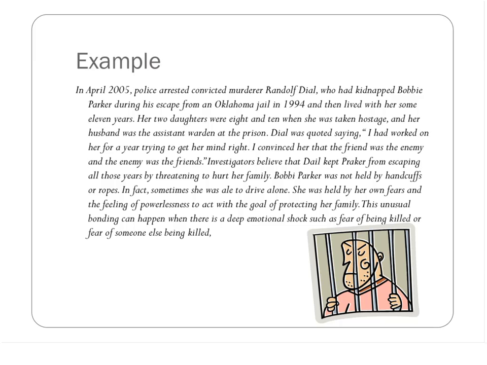So in this scenario, you can see that the hostage taker, Randolph Dial, has taken the wife of the warden of the prison, the guard's wife, for 11 years. So this is a real story. This really happened.